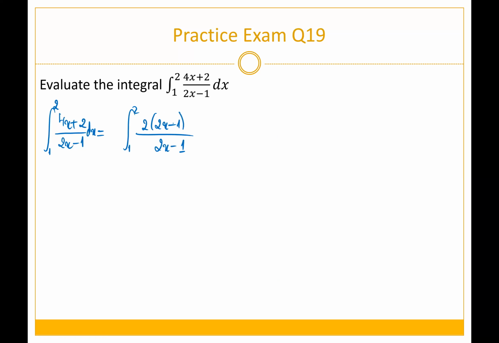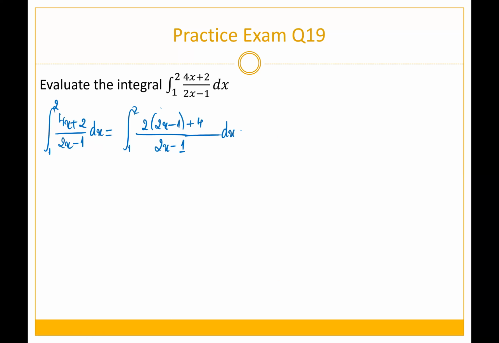If I do this, this fraction is going to become 4x minus 2, but on the left, I have 4x plus 2. So I have to keep it the same because this is an equality. From negative 2 to plus 2, I need to add 4.